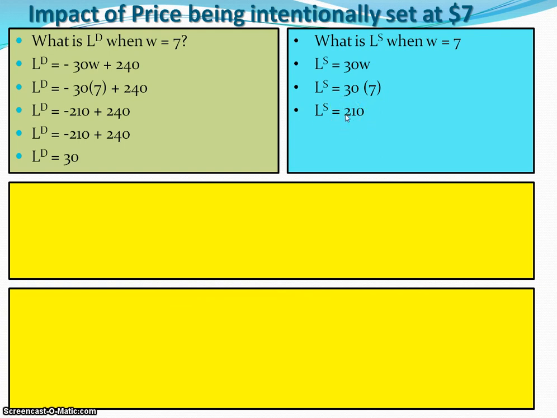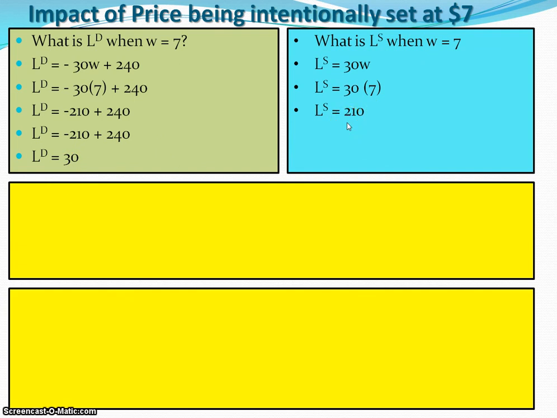Do you realize something? Because the price $7 was not determined by the market, but it was determined arbitrarily. It was determined by an external force outside of the market conditions. It means that it resulted in a situation of disequilibrium because the demand for labor is 30 units and the supply of labor is 210.